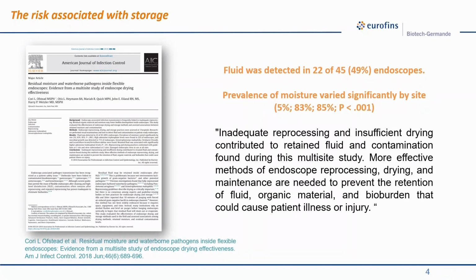And Ofstead, like Pineau in the past, definitively concluded that we need to improve our reprocessing procedure, and we need to improve probably the drying stage to eliminate all the risks to have this debris or moisture remaining inside the endoscope channel.